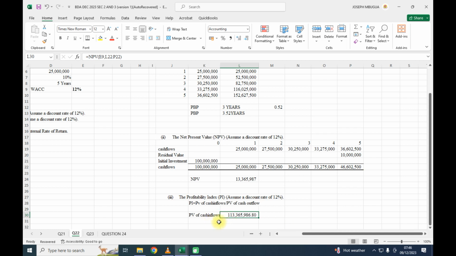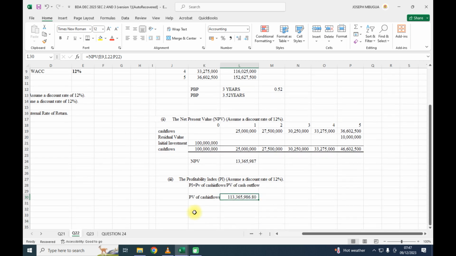This is our present value of cash inflow, because when you minus 100,000, that's when you get 13,365. There is the other longer way of dividing by the rate, but you will still arrive at the same answer. So our PV is 113,365.